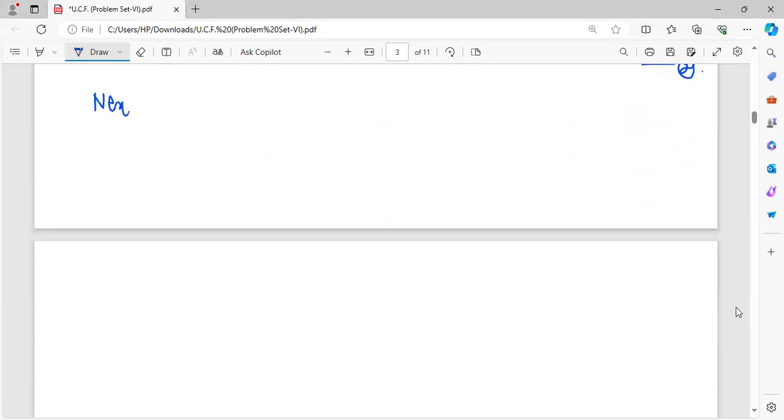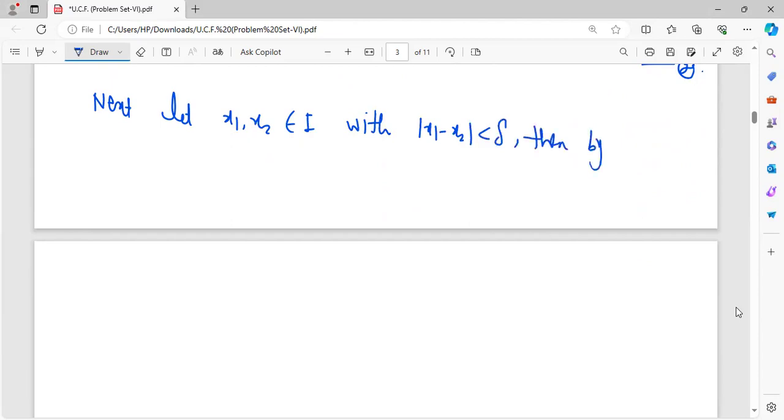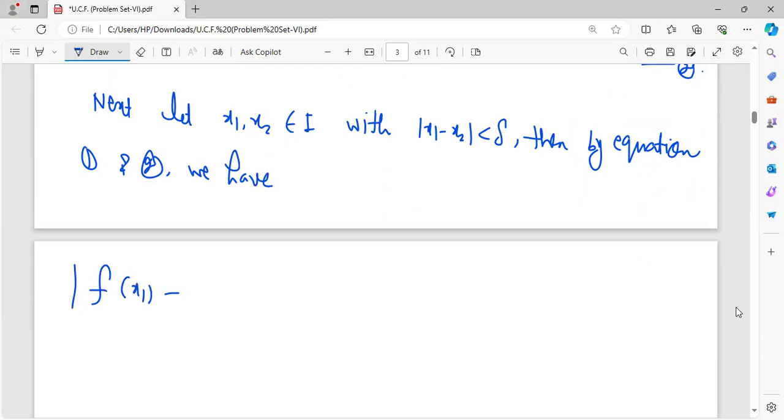Next, let x1, x2 belong to I with |x1 - x2| less than delta. Then by equations 1 and 2, we have: we are taking f(x1) minus f(x2).